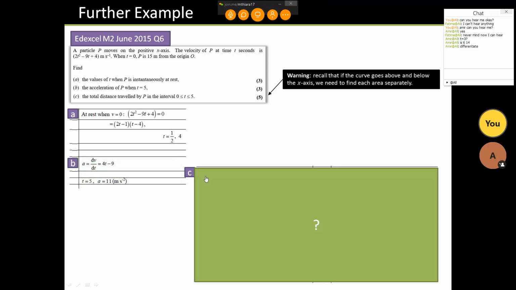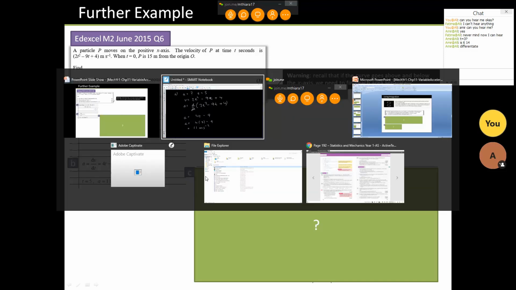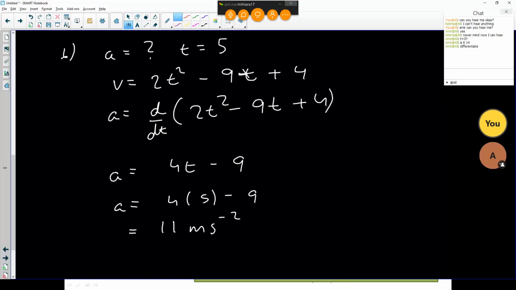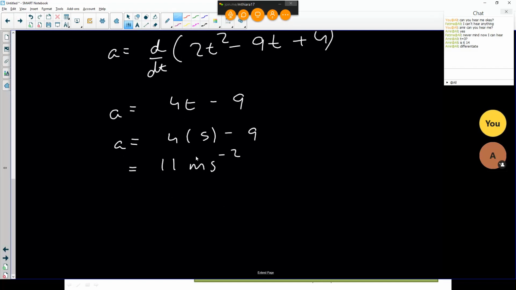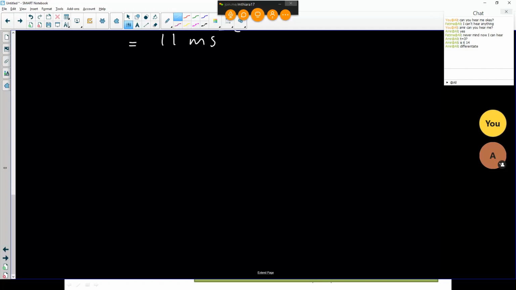Now part C, the total distance travelled by P in the interval of t equals 0 to 5. So we need to work out the total distance travelled between t equals 0 and t equals 5.